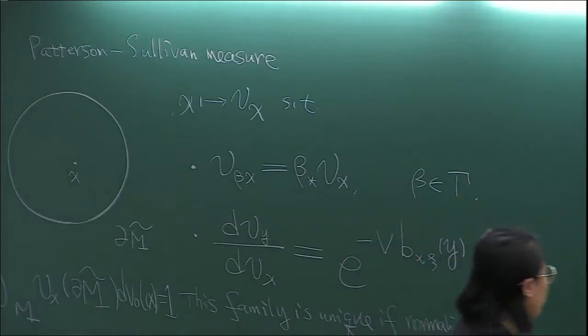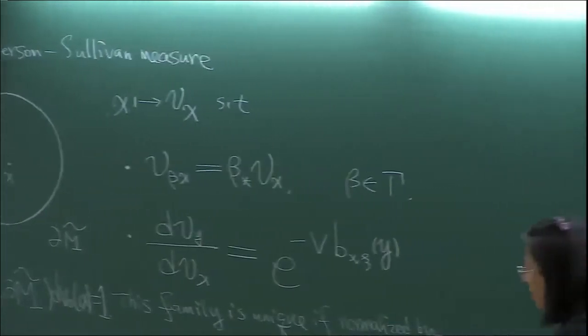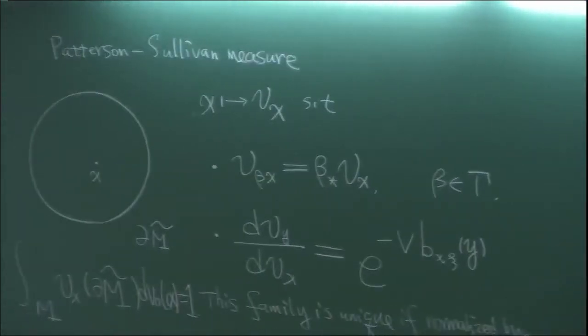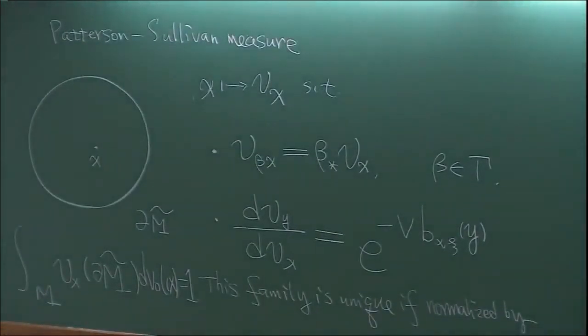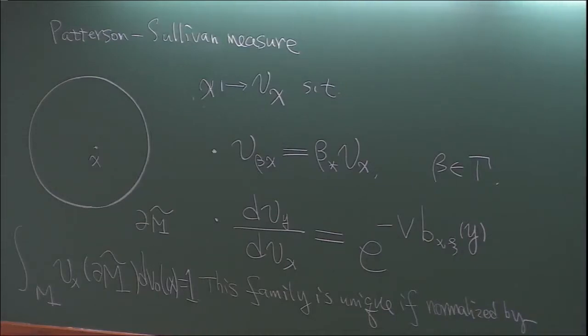And now today we want to move on from this Patterson-Sullivan measure to go to dynamics. By dynamics, I mean measures which are invariant by the geodesic flow. So that's the one topic we mentioned yesterday, about the entropy of invariant measures of geodesic flow.